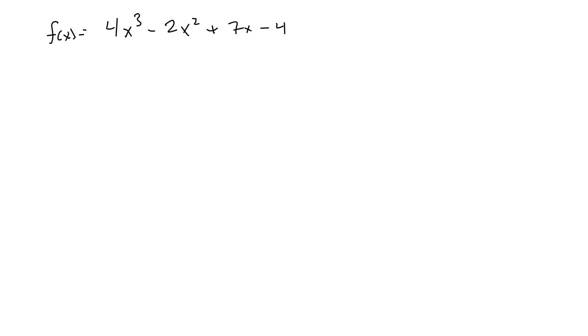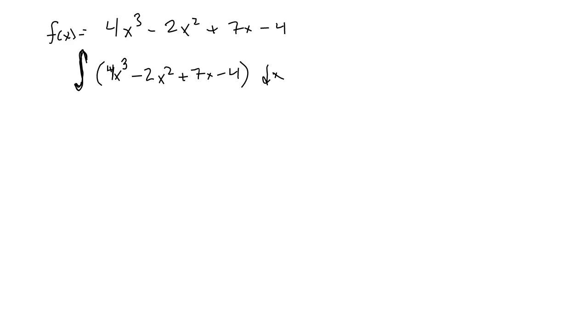And so what you might see is this little symbol for the integration symbol, this means antiderivative. So I'm going to find the antiderivative of this: 4x cubed minus 2x squared plus 7x minus 4, and we'll say dx. Again, just find the antiderivative.